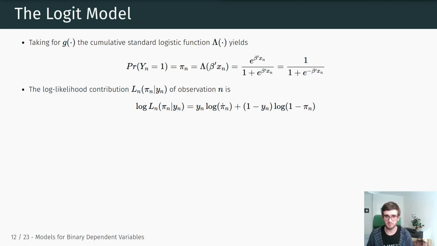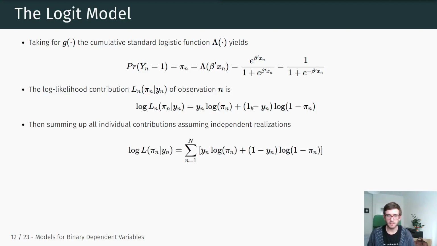Pi n is the success probability, and we're going to plug in our link function in a second. Of course, one of these elements of the sum drops out depending on whether yn is equal to 1 or 0. So it's a straightforward way of specifying this log likelihood contribution for a dichotomous outcome.